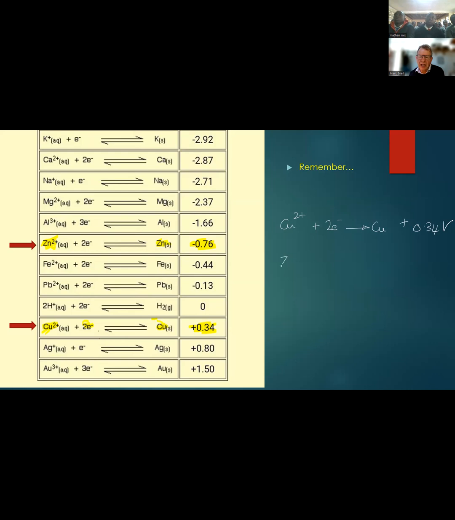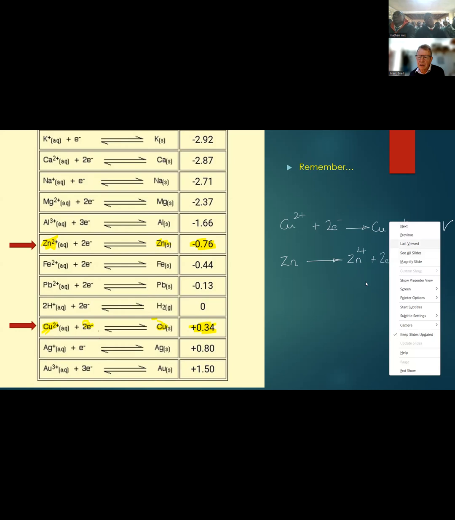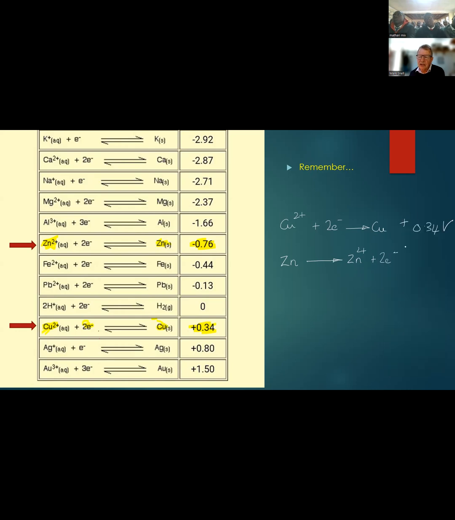In other words, Zn goes to Zn2+ and 2 electrons, and I change the sign. So instead of negative 0.76, it's now positive 0.76 volts. Then I just add them up and I get 1.10 volts positive.